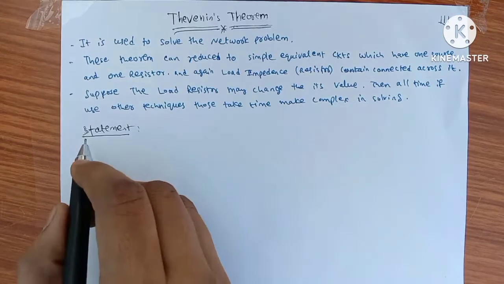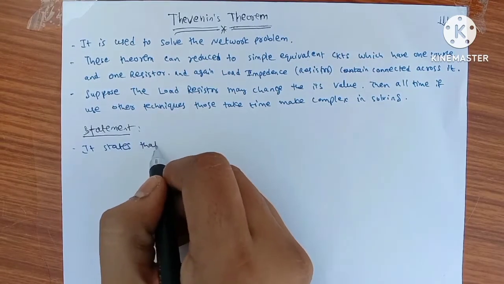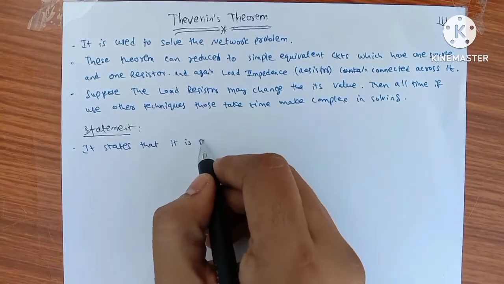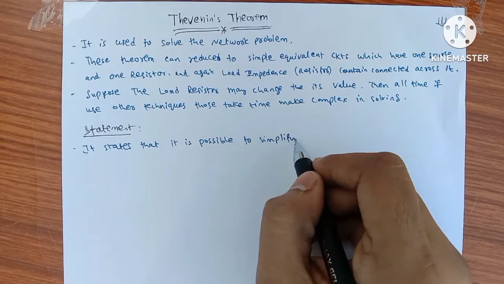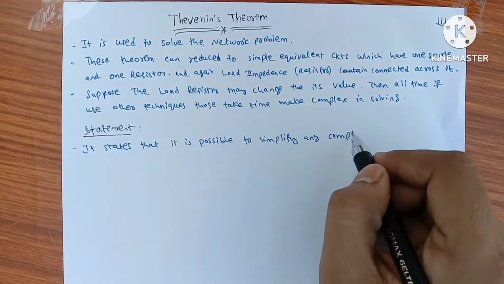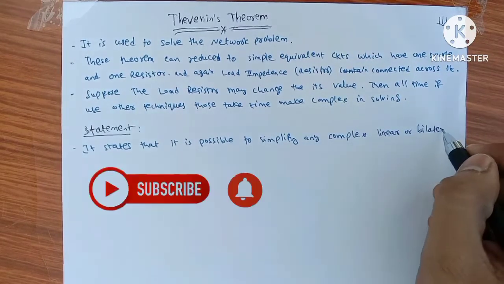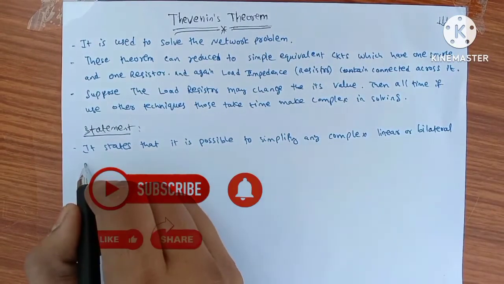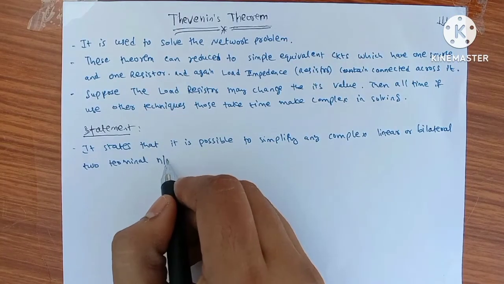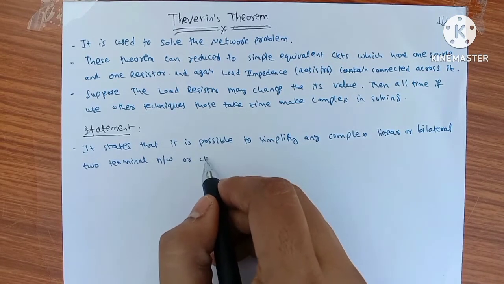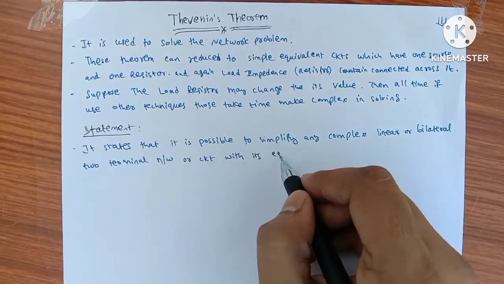So now it states that it is possible to simplify any complex linear or bilateral two-terminal network or circuit with its equivalent circuit.